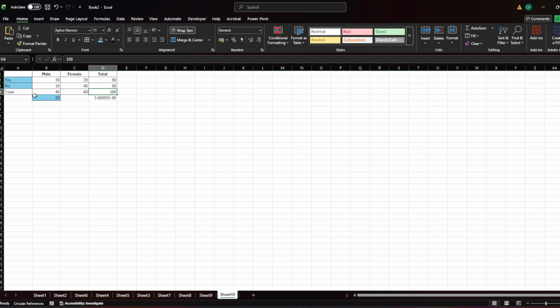Next, compute the expected values for each cell. The formula is straightforward. Expected equals row total times column total, divided by the grand total. Using the example, the expected count for yes male is 50 times 40, divided by 100, which equals 20.